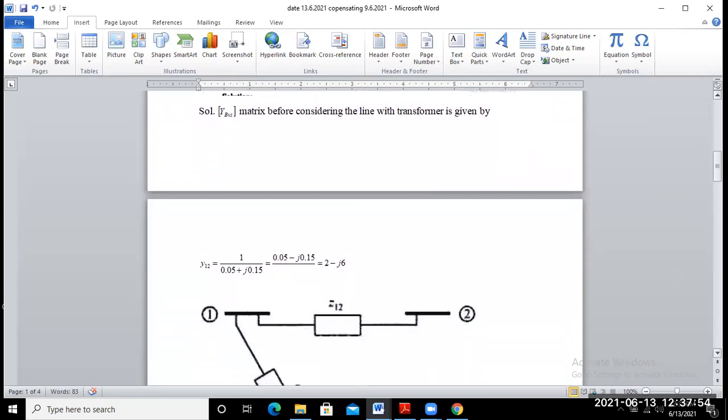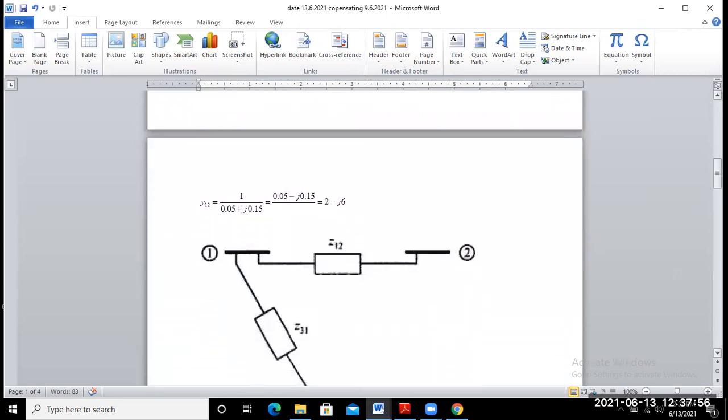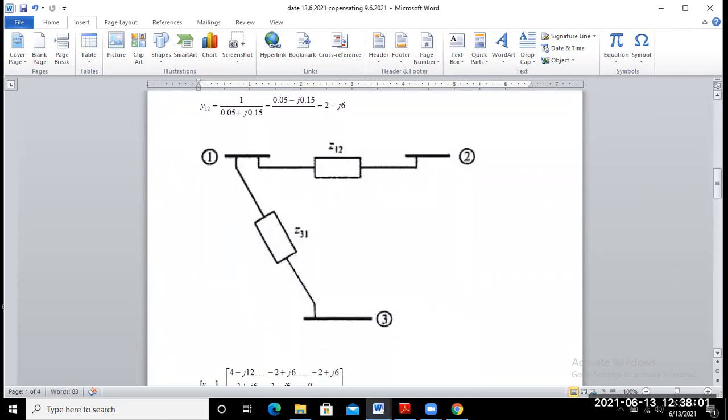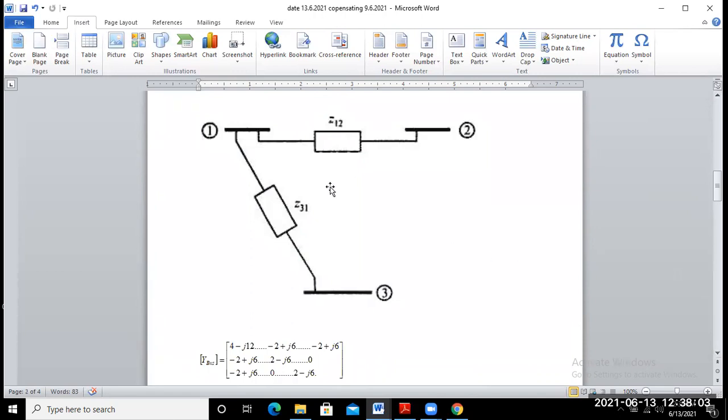We have already practiced some problems, so it doesn't matter if you directly write the Y bus admittance matrix from the given system.